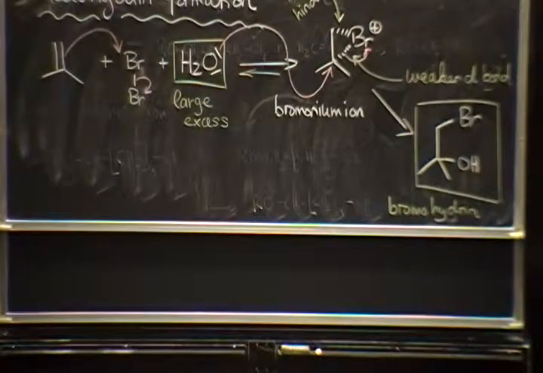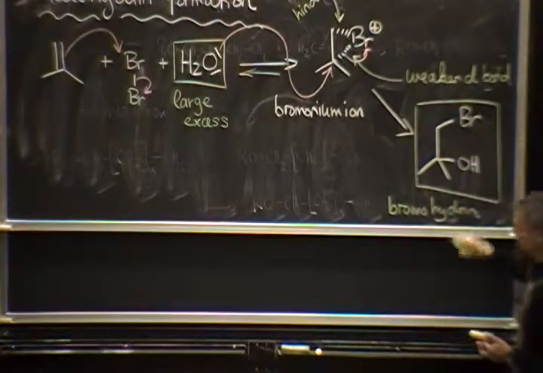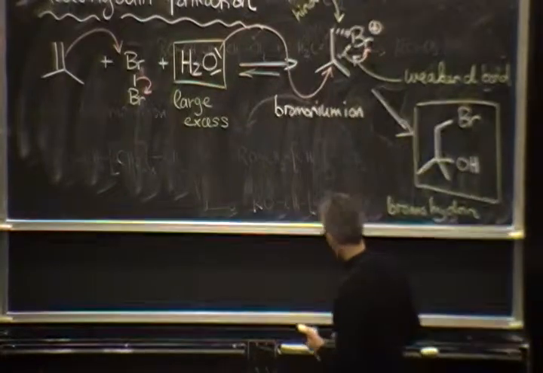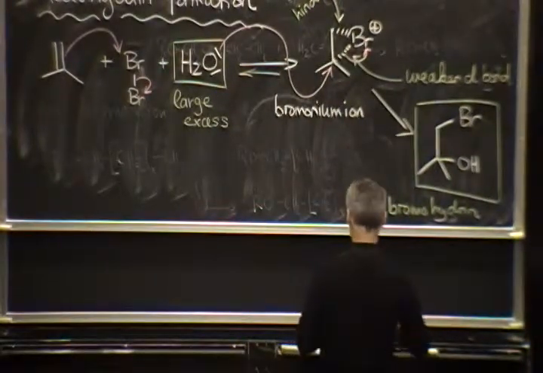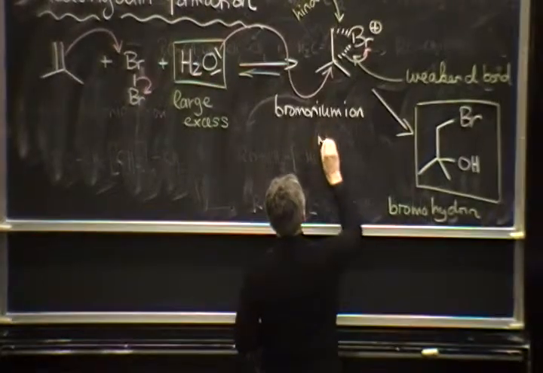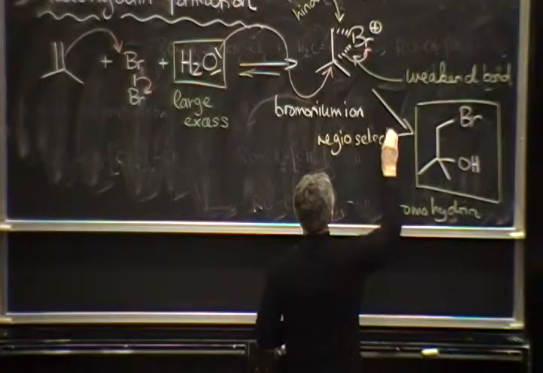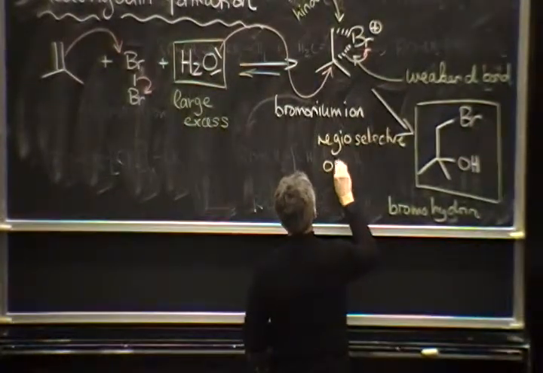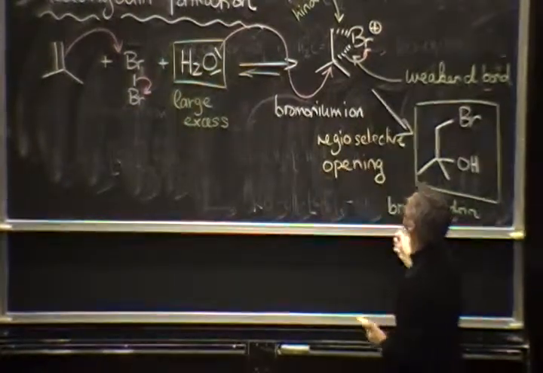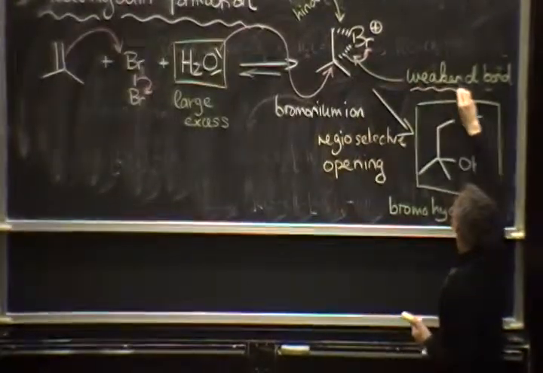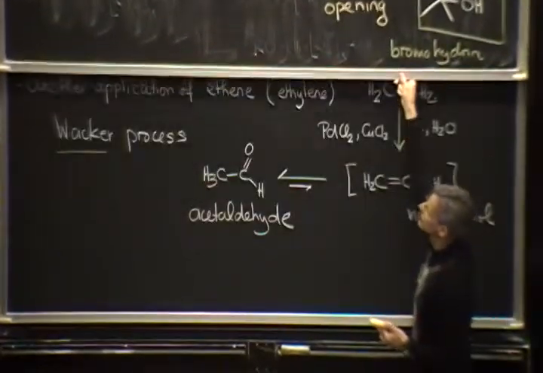So this is about halohydrin. Since I use bromine here, I get a bromohydrin product here, and the opening is regioselective. At the bottom, that is short, is elongated and thus also weakened in this process.